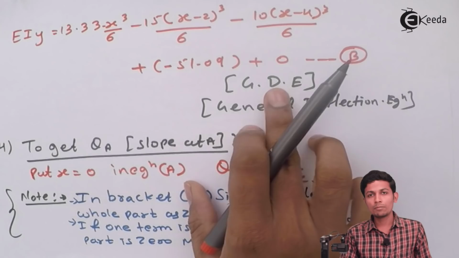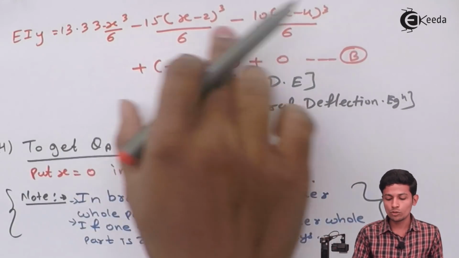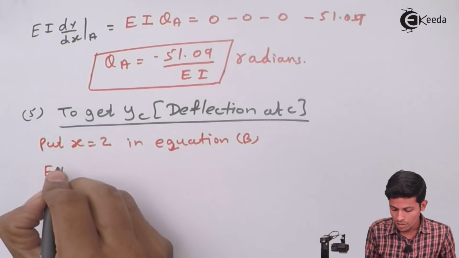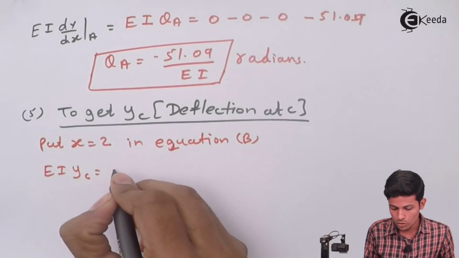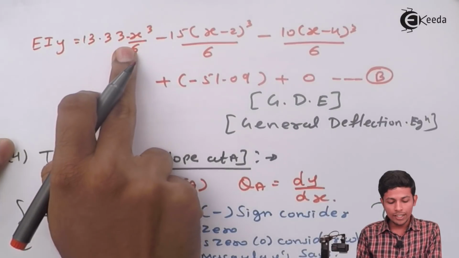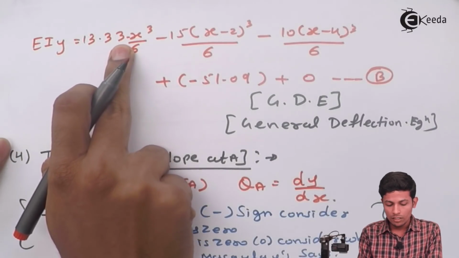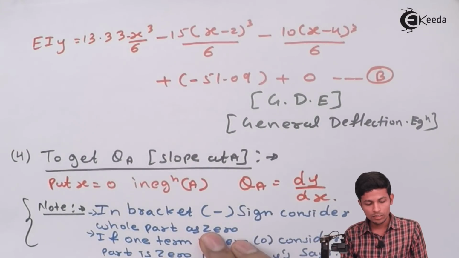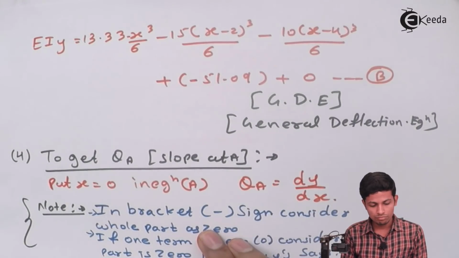We have to find the deflection, so use this equation. EI YC is equal to 13.33 into x cubed upon 6.